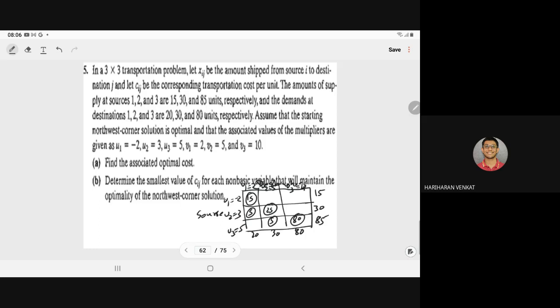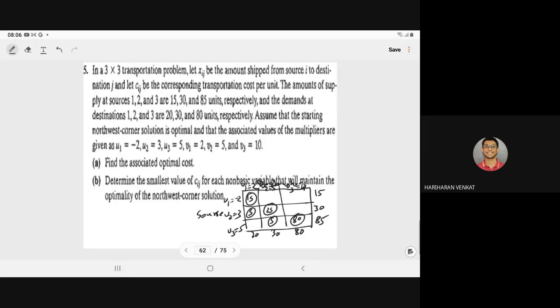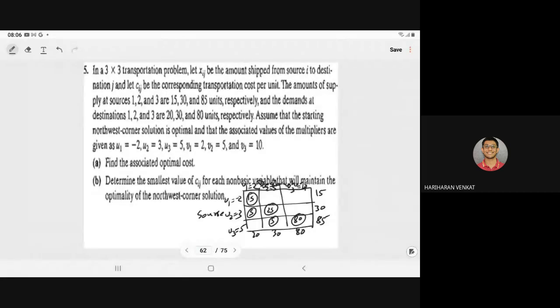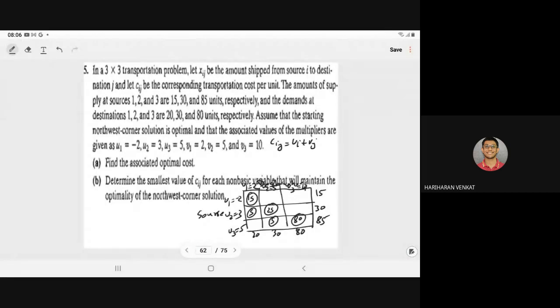So you know that for the basic solution, Cij is equal to Ui plus Vj. So here C11 will become 2 plus minus 2, that is 0.